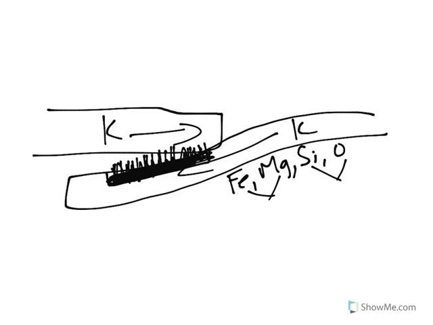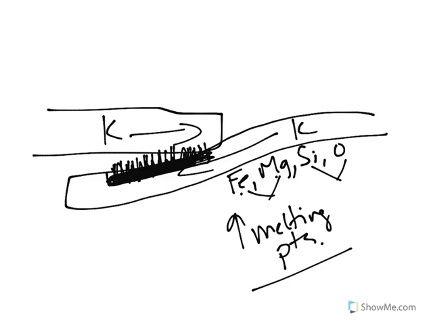You probably don't know much about magnesium, but you know a lot about iron. Iron is very dense. If I was going to put a piece of iron in my oven, could I melt it? Hopefully you said no. These have very high melting points. They need a lot of temperature.